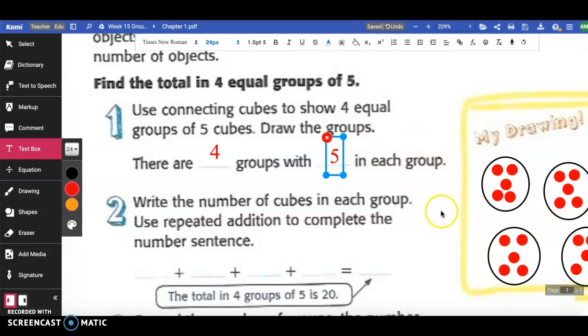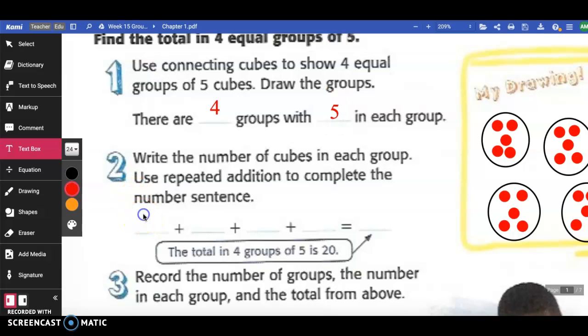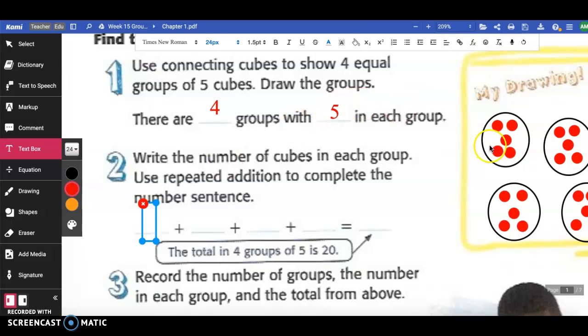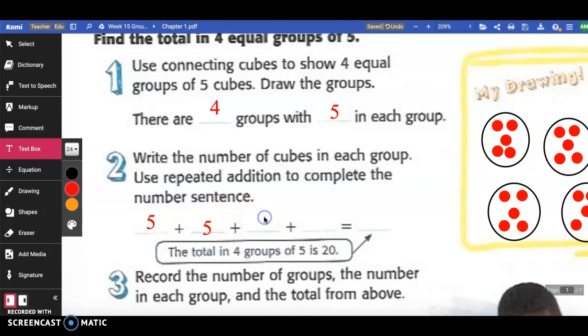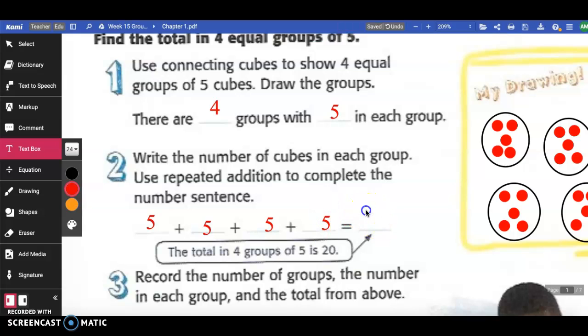5 in each group. So you know how we were talking about repeated addition? Let's take a look at step number 2. You might ask yourself, how can you find the total number of X's or dots? Well, you can use repeated addition. You see 4 places for you to put 5 plus 5 plus 5 plus 5, right?